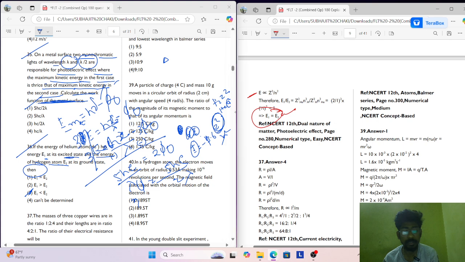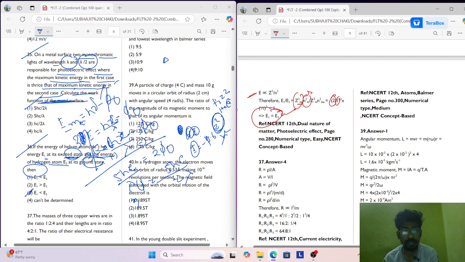Okay, so the excited state is said, one is ground state is said. For helium, the excited state is 2. For the ground state, hydrogen is 1. Sorry, pardon me, Z is 2 and Z is 1 here. Z for helium is 2 and hydrogen is 1, so 2 by 1 is already there.